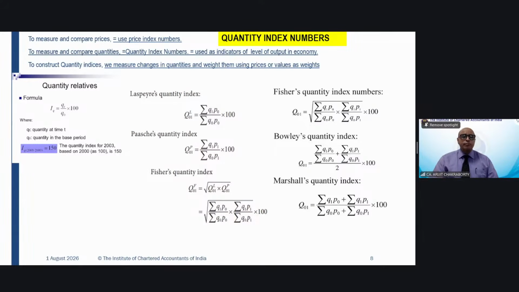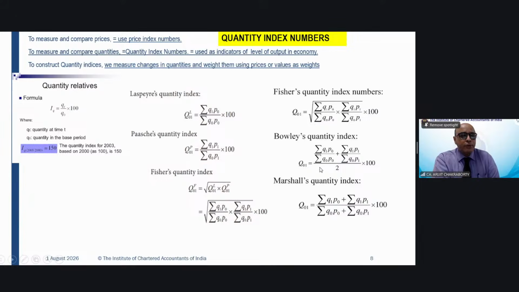In a similar manner, in case of the Bowley's quantity index, we are just finding out the arithmetic mean of the last period's quantity index and the purchase quantity index. इसीलिए Bowley's index को हम लोग कहते हैं L plus P by 2. You can see in the numerator we have the arithmetic mean, that means we have calculated the total of these two index numbers.